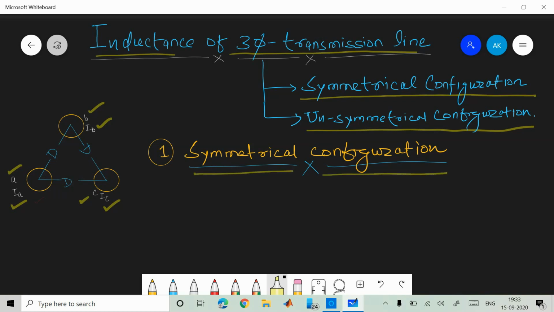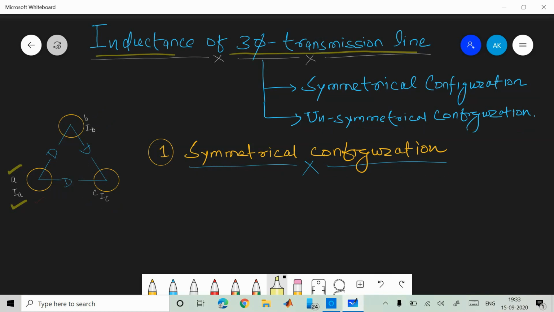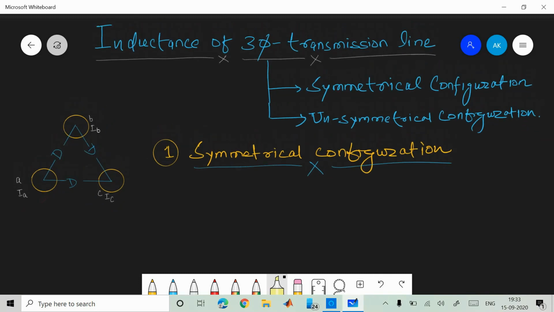Okay, what is symmetrical configuration? When all the three conductors A, B, C are placed on the vertex or corner of an equilateral triangle, so that the spacing between each conductor is equal, that arrangement is called symmetrical configuration.